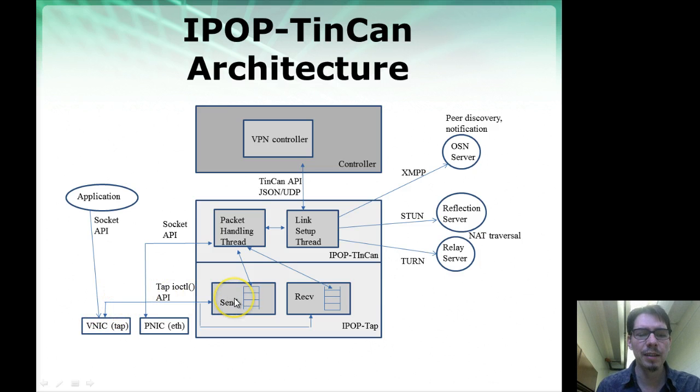IPOP is able to read from this network interface, and TinCan handles this thread, for example, by forwarding to a remote service, or if it doesn't know what to do with the message, it sends it up to the controller to deal with it. Packets that are received come from the physical network interface, are handled by IPOP, and are eventually delivered back into the virtual network interface and to an application.